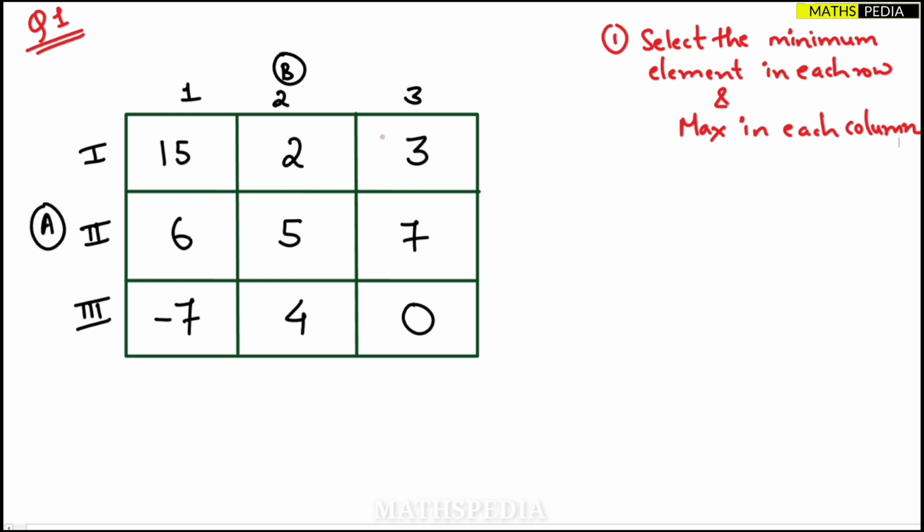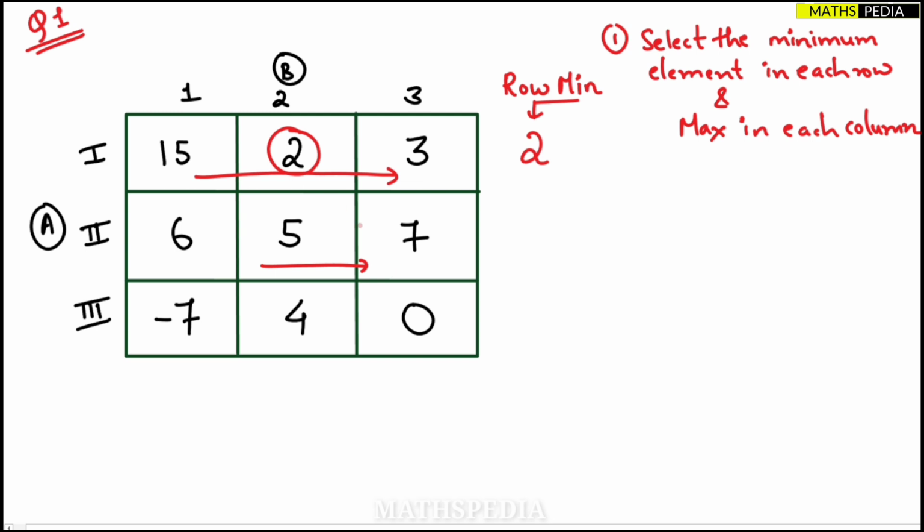Now if you see the first row, in this, what is the minimum element? You can see it is nothing but 2. We have selected 2. That you have to write beside this. Second row: row is always related to minimum, so I'll write here row min.